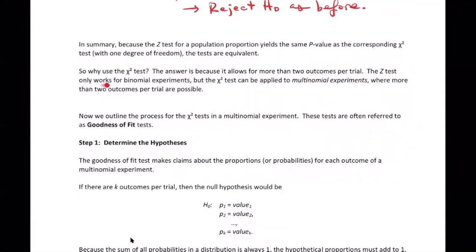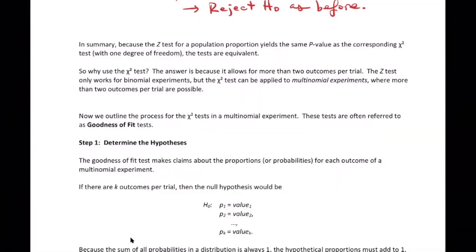The z-test only works for binomial experiments, but the chi-square test can be applied to multinomial experiments where more than 2 outcomes per trial are possible. So generally speaking, if it's categorical data, categories just mean multinomial, and multinomial just means chi-square.